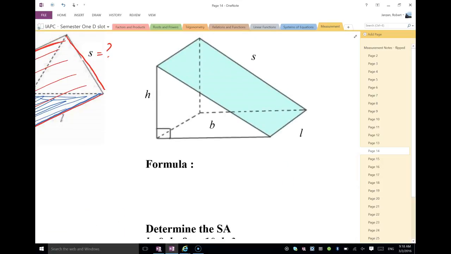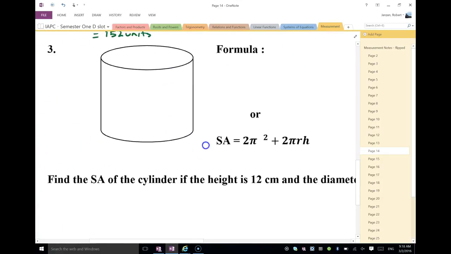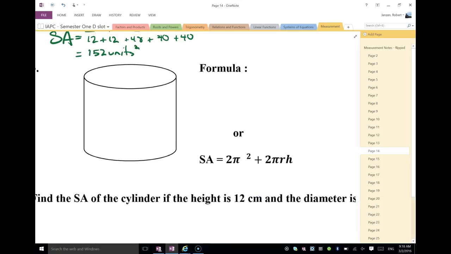I think I'm going to leave that one for you to try for right now. Let's go down to the cylinder. Now the cylinder is a little different. This might be one place where I actually use the formula. The good news is, if you ever forget what this formula is, it should make sense to you.